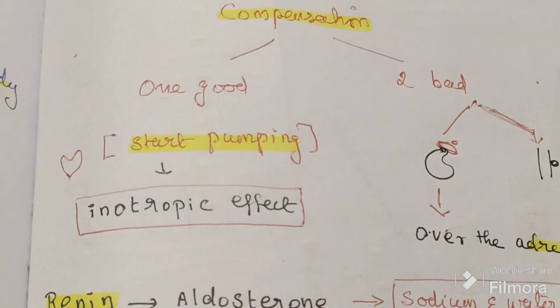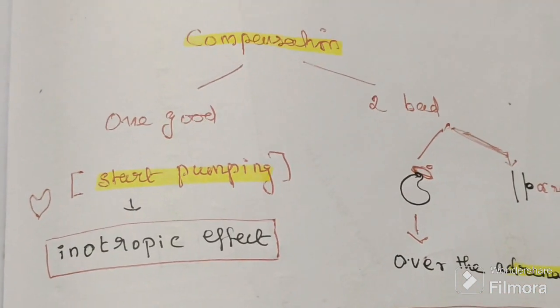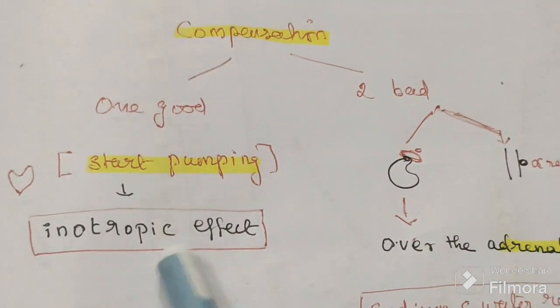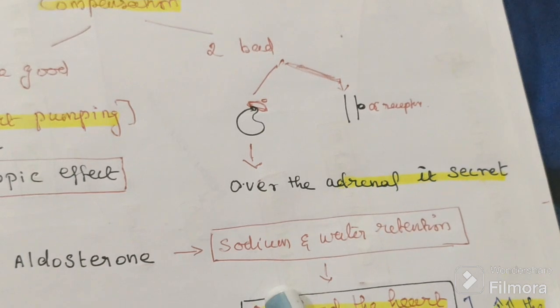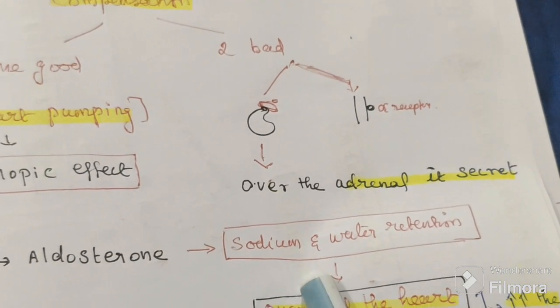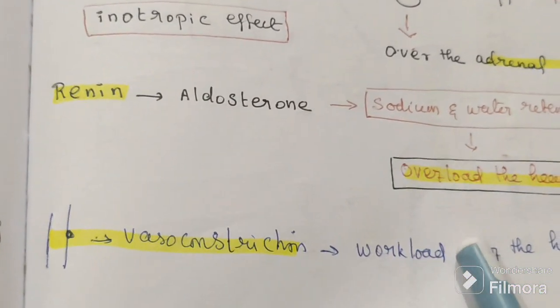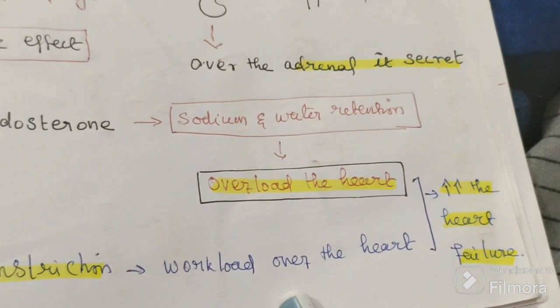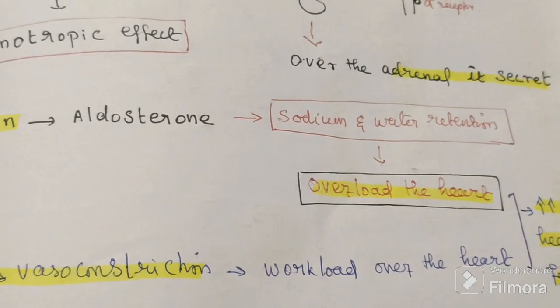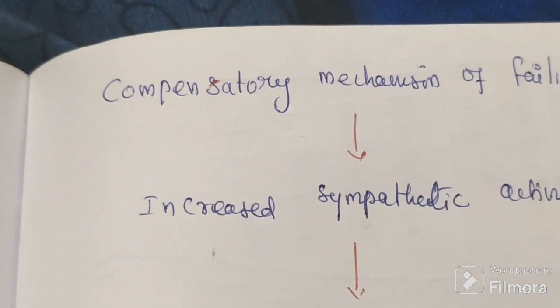So this inotropic effect is good for our health. But the adrenal secretion and vasoconstriction make the workload heavy for our heart, increasing heart failure. So what is good?